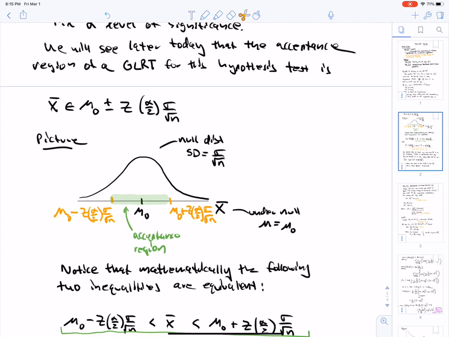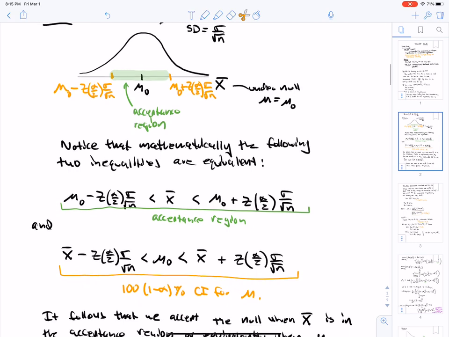In other words, it has this picture, the acceptance region is in the highlighted green area here, and this is a graph of the null distribution under the assumption that mu is mu naught, and it has SD sigma over square root of n. So notice that mathematically the following two inequalities are equivalent.